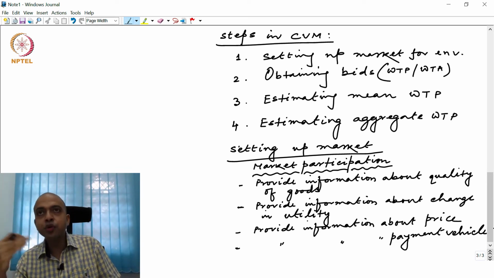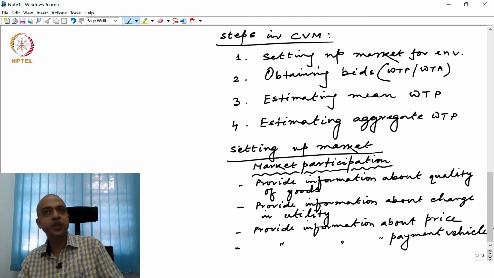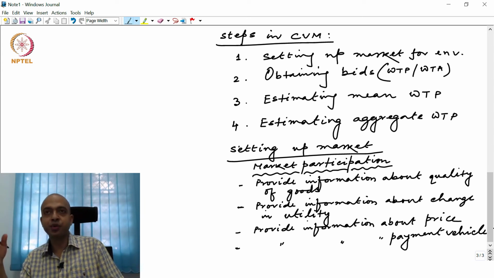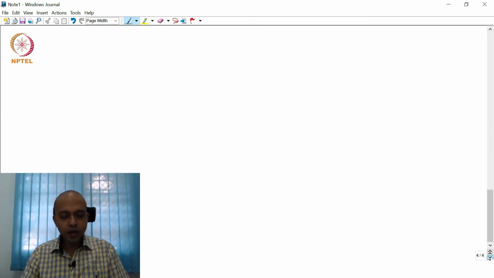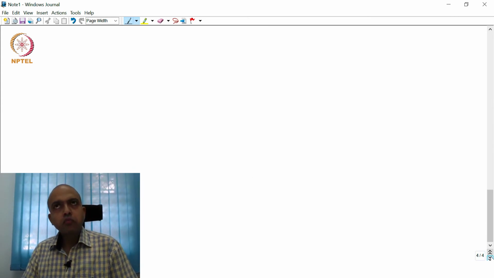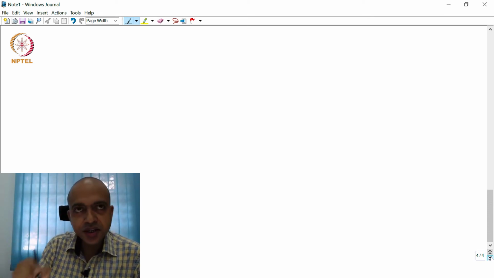And then we have to also ask them what is their willingness to pay for a positive change in environmental quality, or willingness to accept for a negative change in environmental quality. And then we have to ask them what is the price they are supposed to pay, and then lastly what is the payment vehicle. So that means how you are going to collect the money, that is called payment vehicle, right?